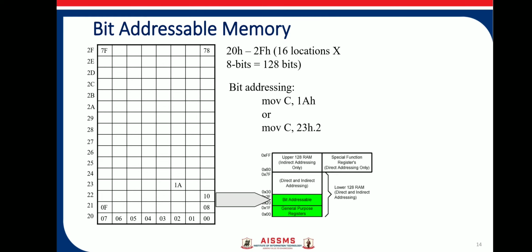This is the structure of the bit addressable memory. From memory locations 20 to 2F, we can access the bit addressable memory. By using the set bit and clear bit instructions, we can access individual memory locations.